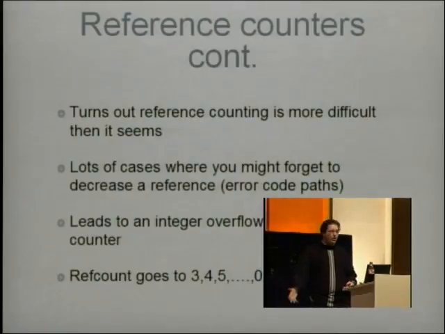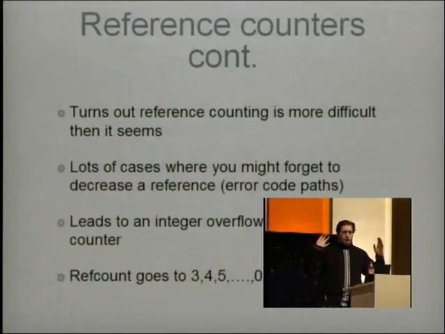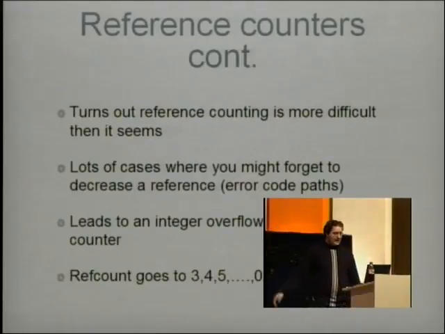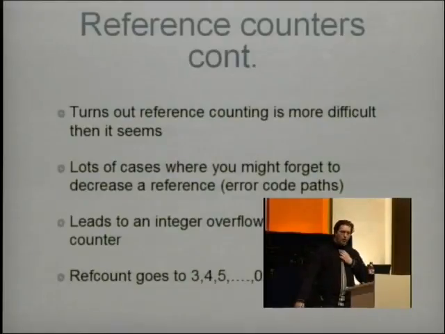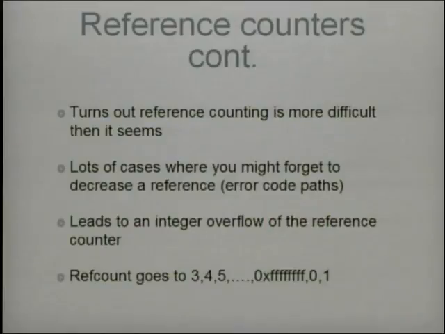The reference counter goes to 3, and it goes to 4, and it goes all the way up to the maximum limit of whatever integer this reference counter is. If it was an integer, it would be 0xffffffff. Then the next time you call this thing, it increases it again, and oh look, you get an integer overflow. It starts counting back from 0 and goes to 1 and 2 and so forth. So it's a special case of integer overflow.